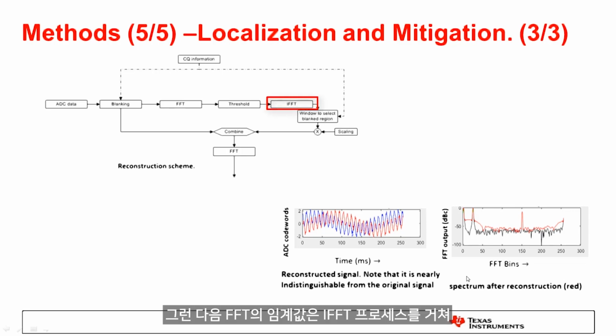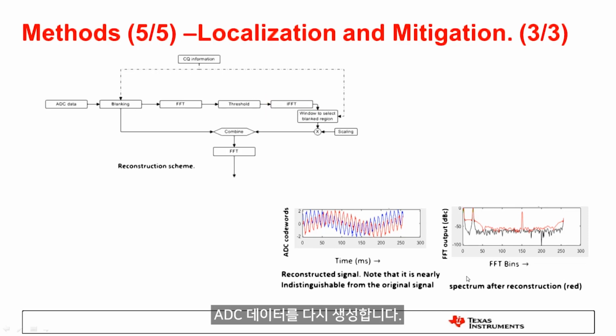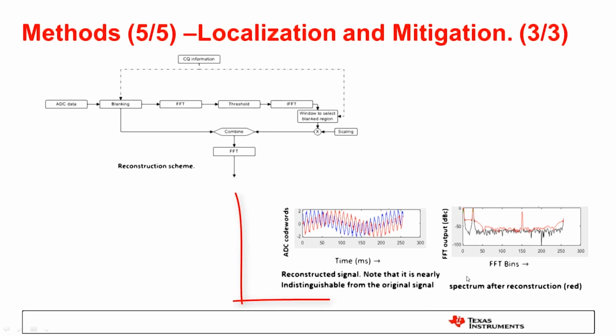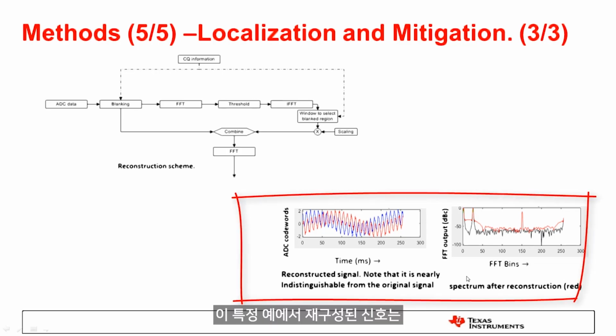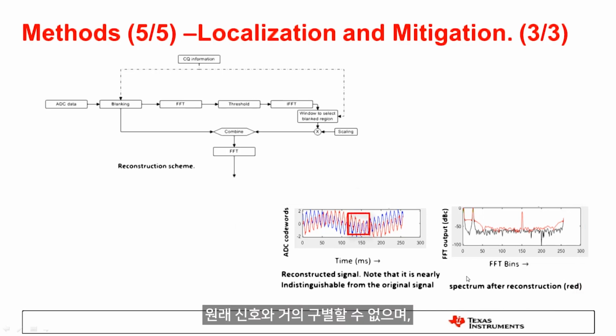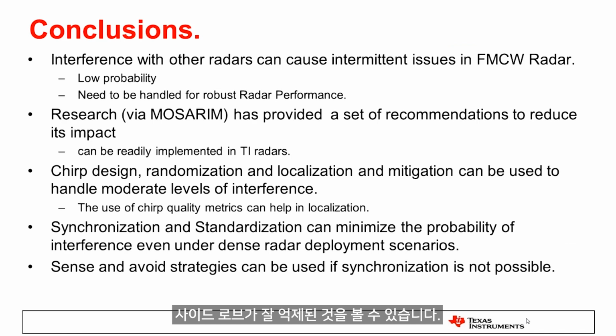The thresholded FFT is then subject to an IFFT process, which recreates the ADC data. And this recreated ADC data is used to fill in the blanked region. In this particular example, the reconstructed signal is nearly indistinguishable from the original signal. And we can see that the spectrum after reconstruction shows that the side lobes are well suppressed.